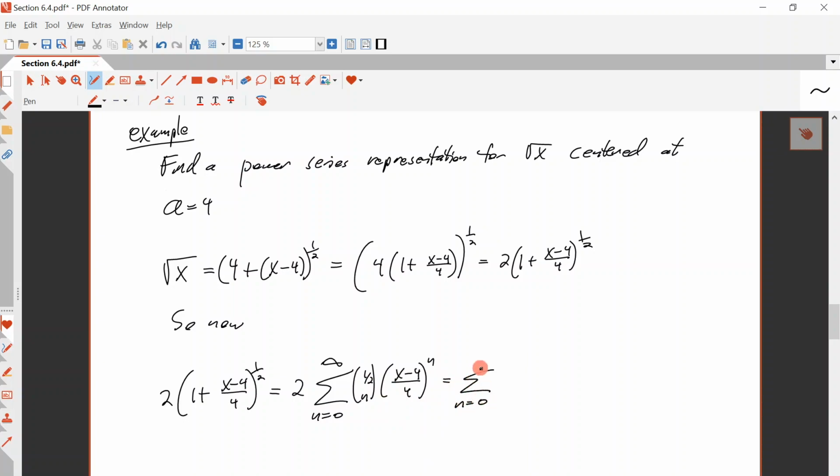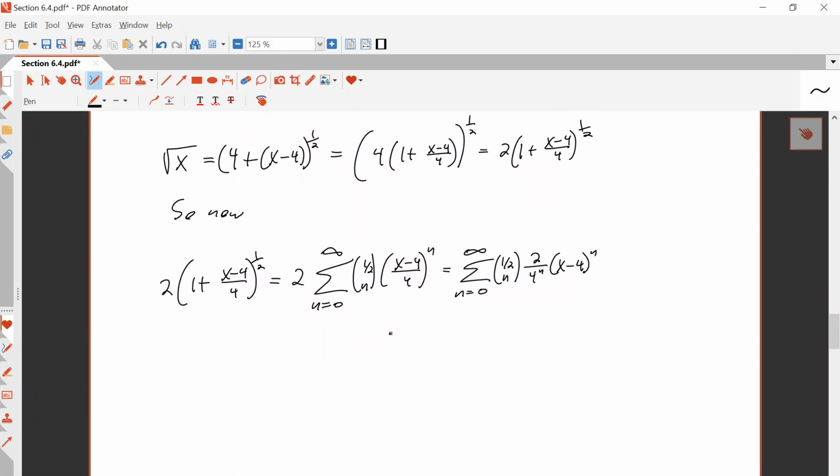Sum n equals 0 to infinity, 1/2 choose n. So now I have 2 over 4 to the n, x minus 4 to the n. Right, which is going to be equal to the sum n equals 0 to infinity, 1/2 choose n, and then this is 2 over 2 to the 2n, x minus 4 to the n.